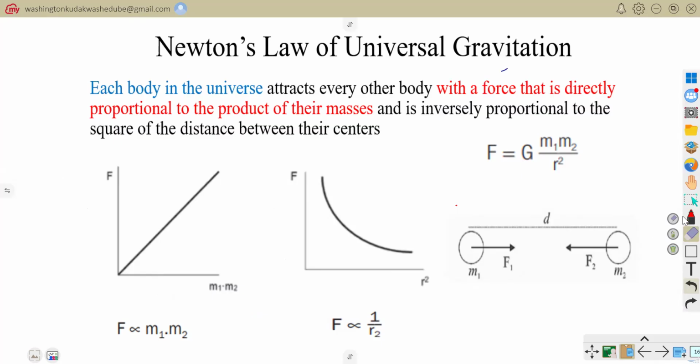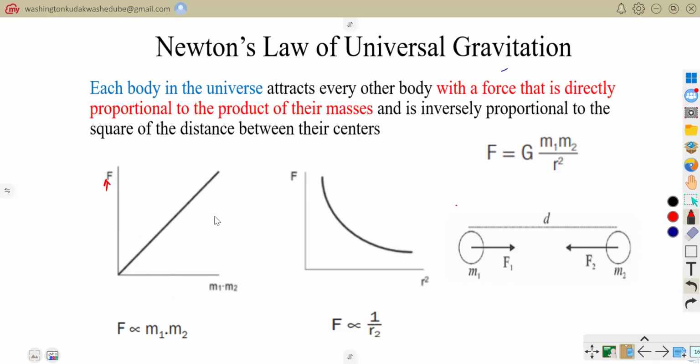So I brought you two graphs so that you can get to see and be able to interpret graphs. The first graph is that of force against the product of the two masses. This force is the force of attraction that would exist in between two bodies, the force that each body attracts the next body with.